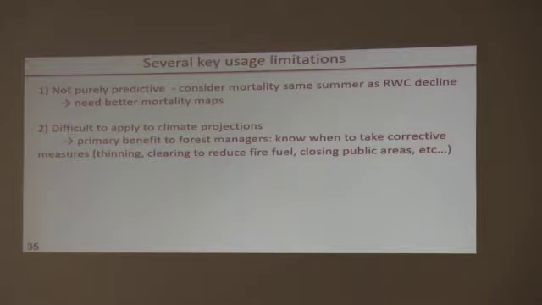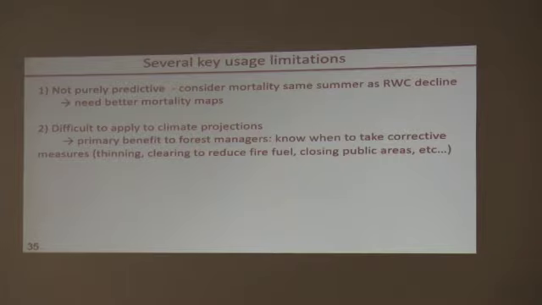The other, more general limitation, beyond this study, is that if we want to get a sense of how much worse these mortality events are going to be in 2100, for example, we can't really do that directly with relative water content. I think part of the reason I'm excited about the remote sensing potential of this variable is that, if you look at large-scale models, people are finally starting to include plant hydraulics, but most of the current ones don't.